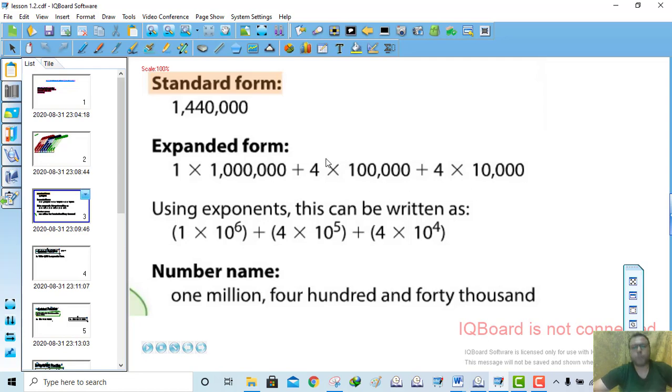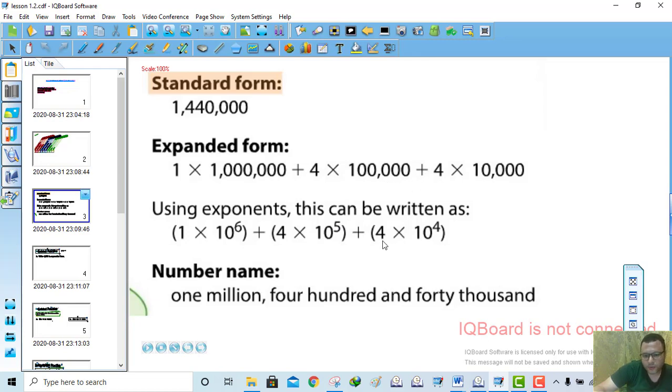If I want to write them as exponent, the 1 will be multiplied by 10 to the power, as we studied in the previous lesson. Here we have how many 0? 1, 2, 3, 4, 5, 6. So it's multiplied by 10 to the power of 6. The other 4 is multiplied also by 10, but to the power of 5, because here we have 5 zeros.